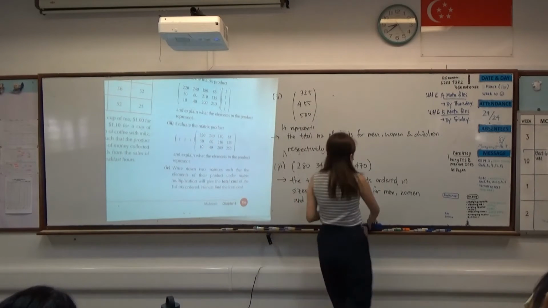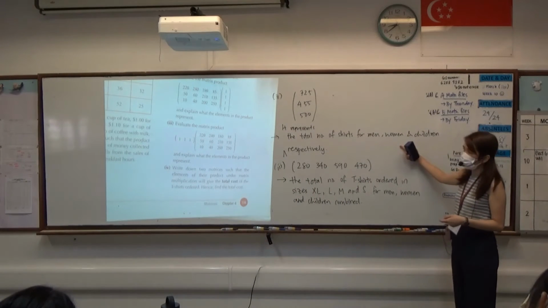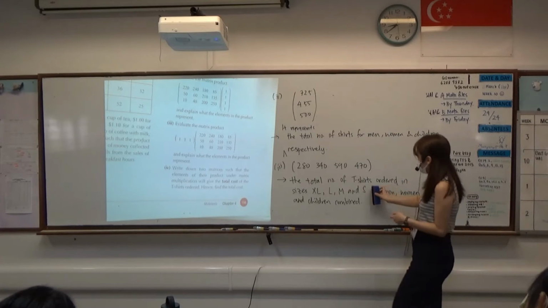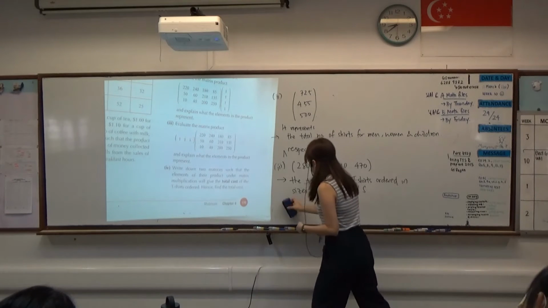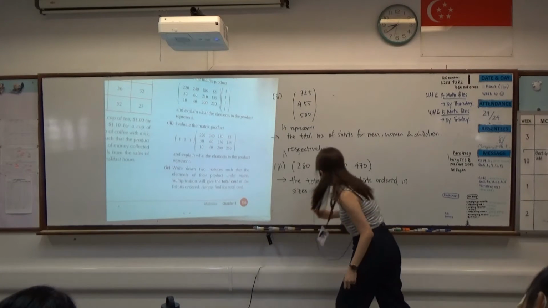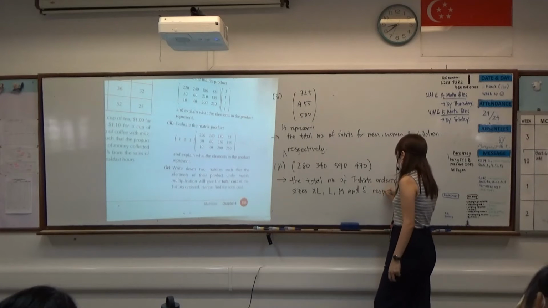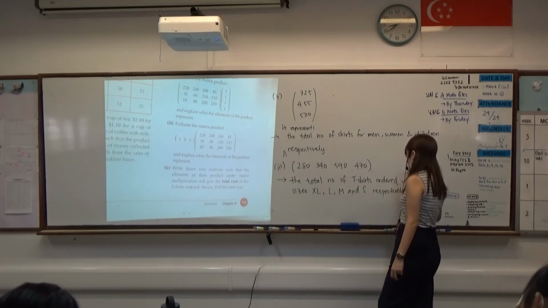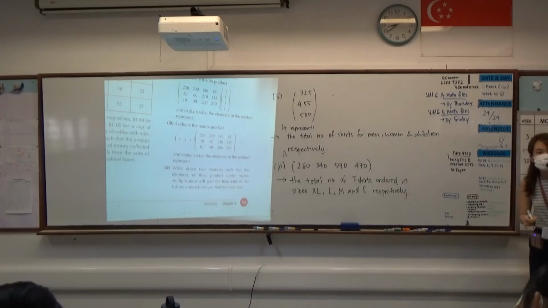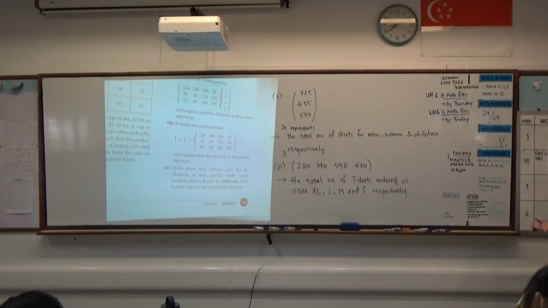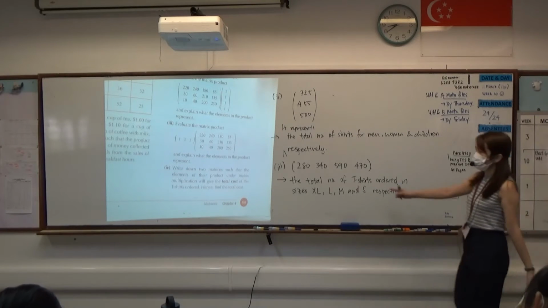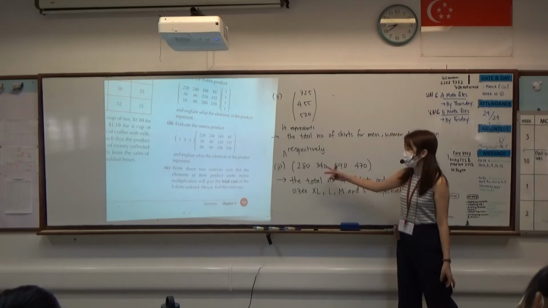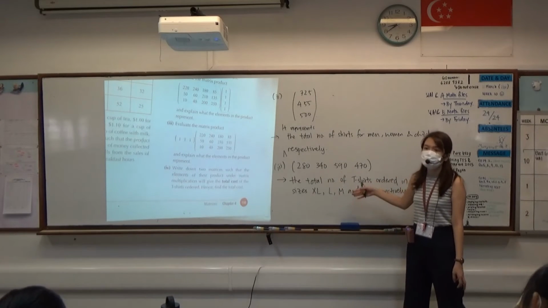So to follow a similar structure to what we agreed on in part 2, maybe we could just erase this and then add on the word respectively. I think that just by saying total number of t-shirts ordered in those sizes is sufficient already, because it can't be this number itself. It's clear that it isn't men only or women only or children only.